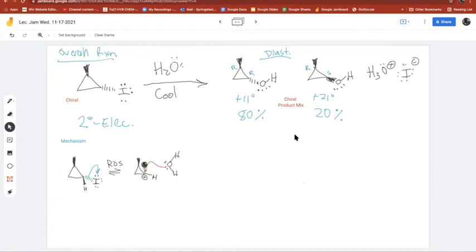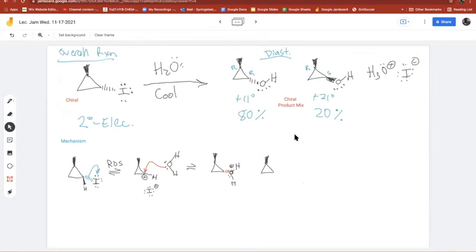Let me not forget to add my iodide that left. All right, and then when water adds, it can add from either side. It can add to that side or to the other side.